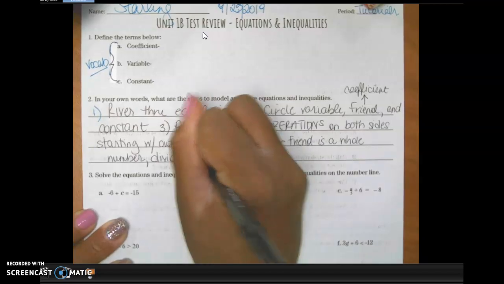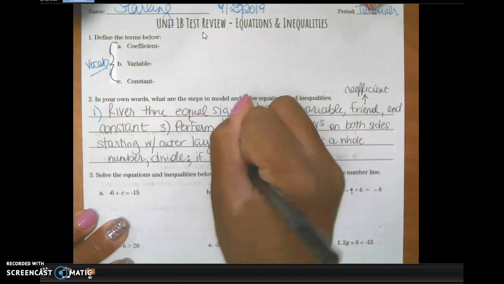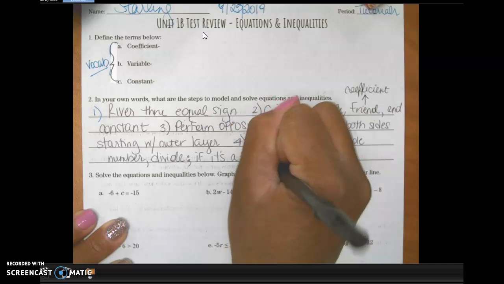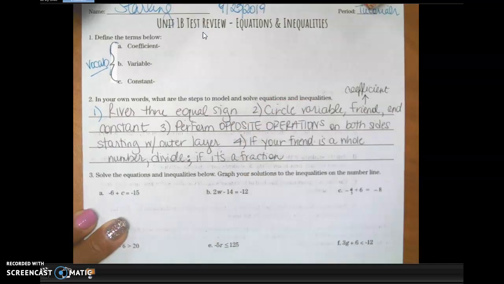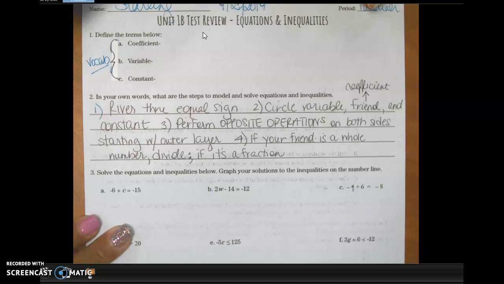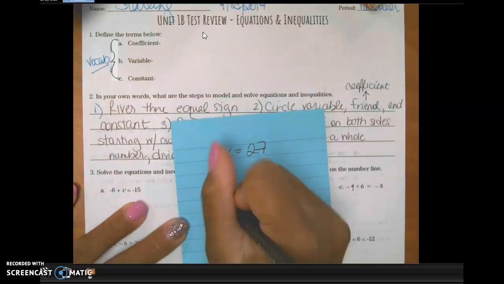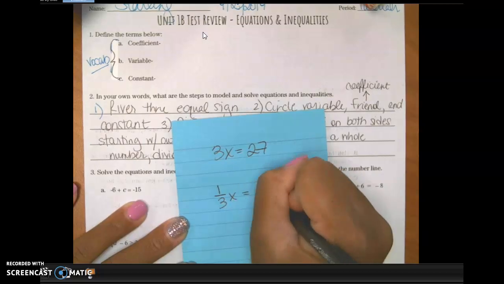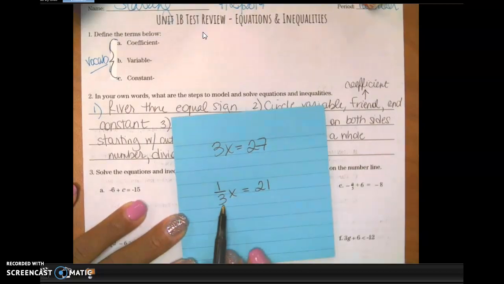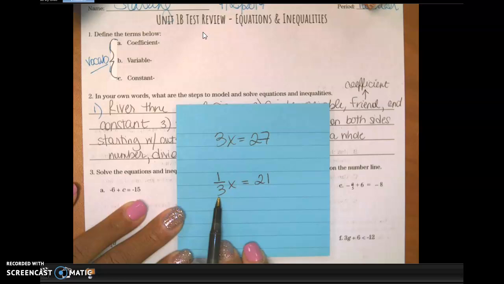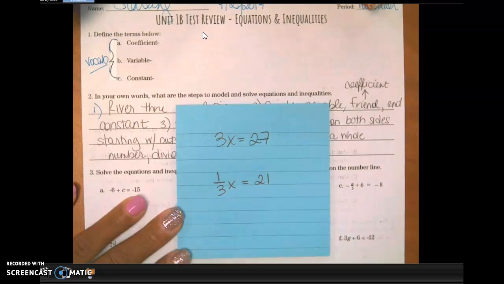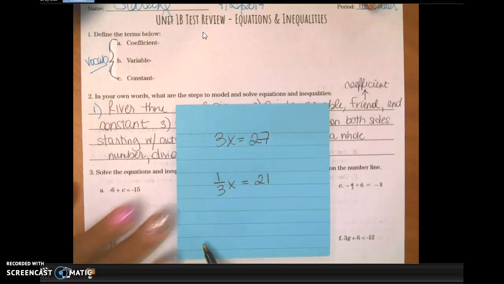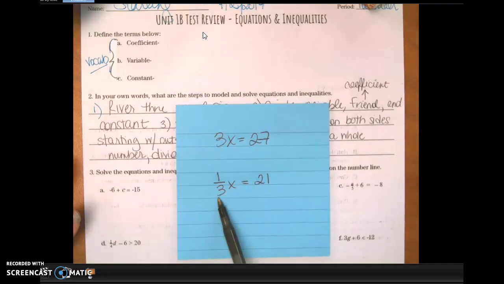If it's a fraction, 1/3 x equals 21. What do I do to this fraction? I'm not just going to multiply that fraction by 21.